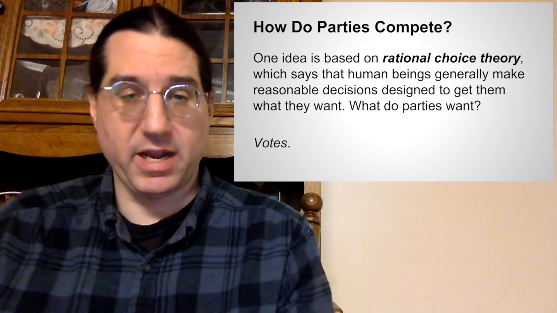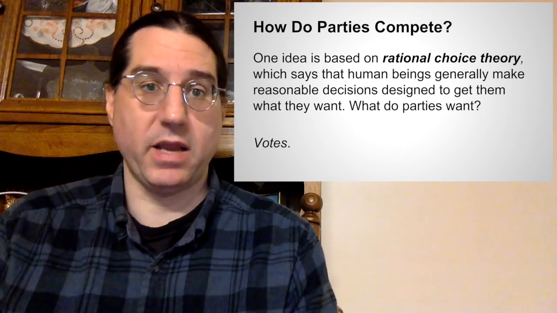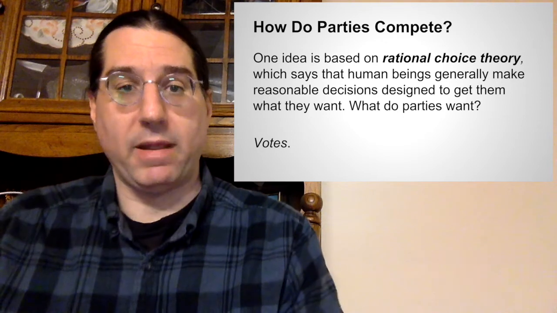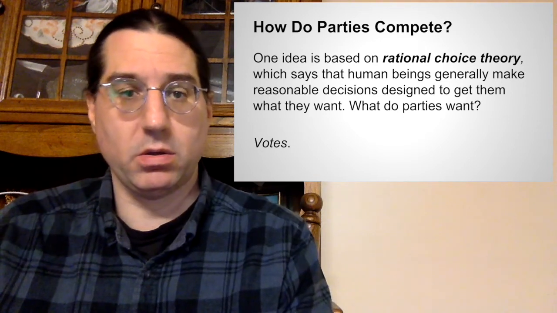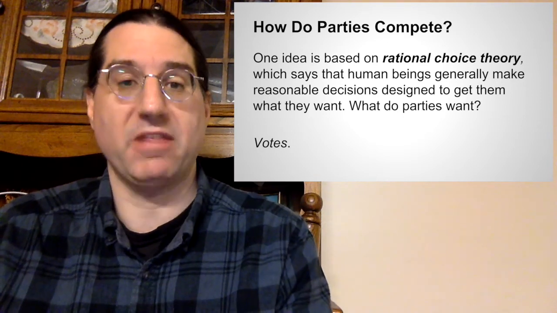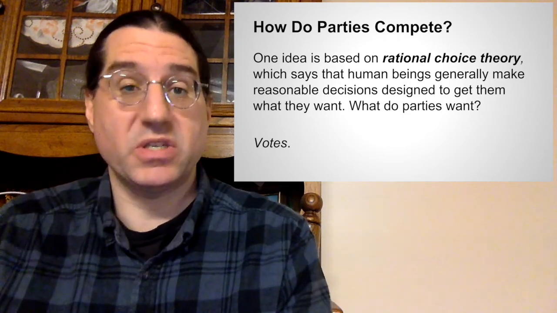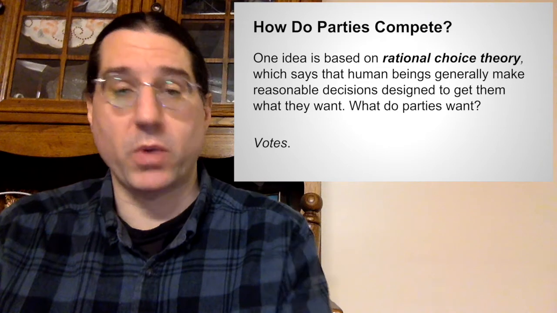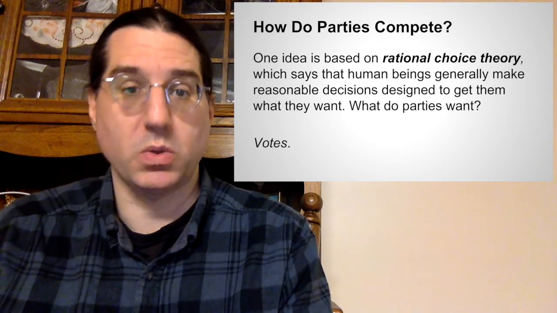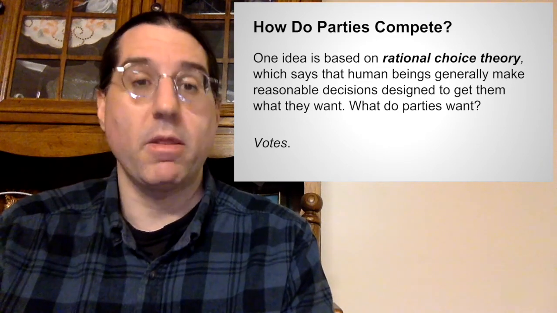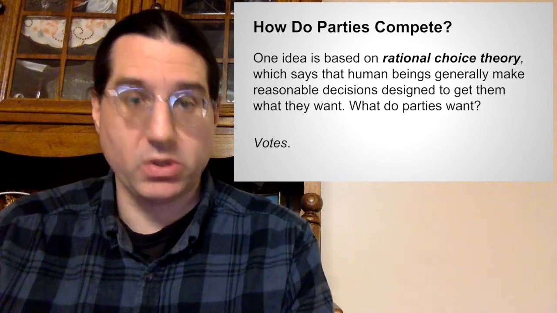So the political scientists have taken this theory and applied it to what political parties do. They look at the situation, they figure out what course of action will get them what they want, and then they do it. So if this is true, the question becomes, what do the political parties want? That's simple. They want votes. They want votes so they can win, so they can get their people into government.